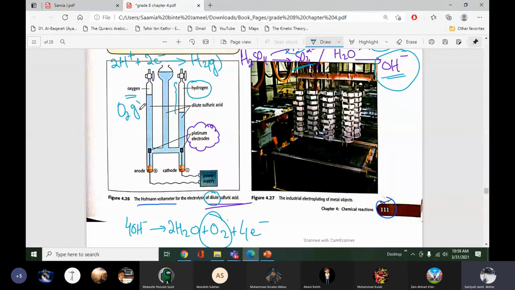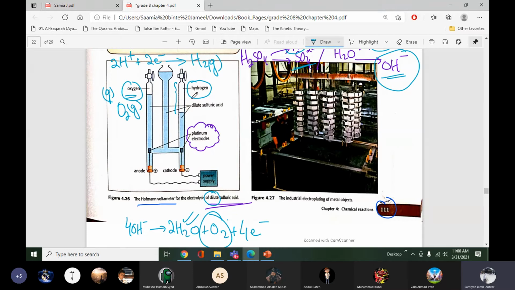So we will get two gases: hydrogen is collected on the cathode side, and oxygen is formed on the other side. In the middle there is water, which is also formed when OH discharges. So this is the apparatus, a Hoffman voltameter, and two gases are formed.